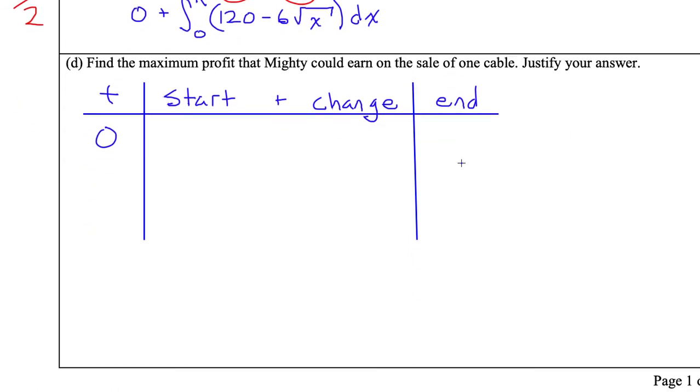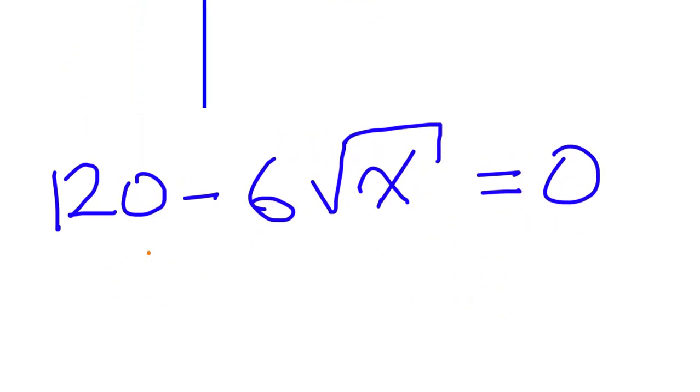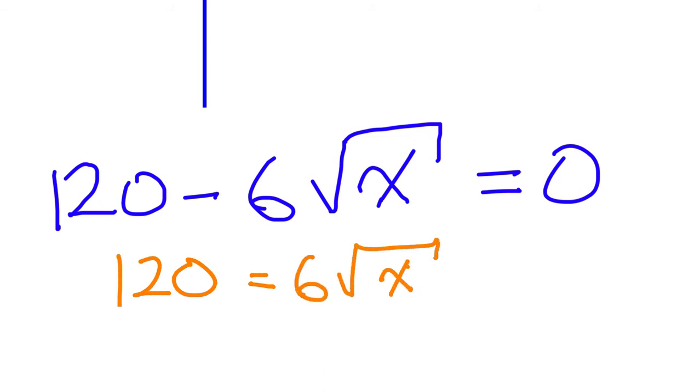So we have to do some math down here, and we'll say 120 minus 6 square root of x. This represents the rate of your profit, and I'm going to set that equal to 0. The derivative is being set equal to 0, and I solve. So add 6 square root of x to both sides, and I have, let's zoom in here so it looks a little bit neater when I zoom back out. So I have 120 is equal to 6 square root of x.